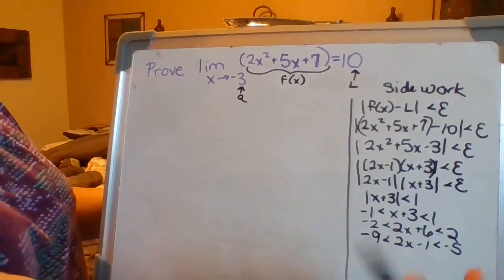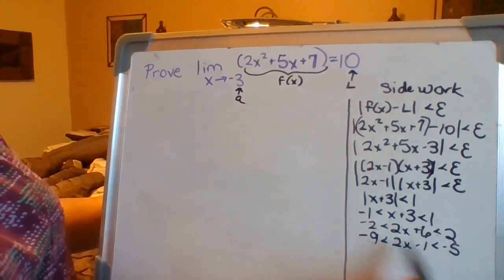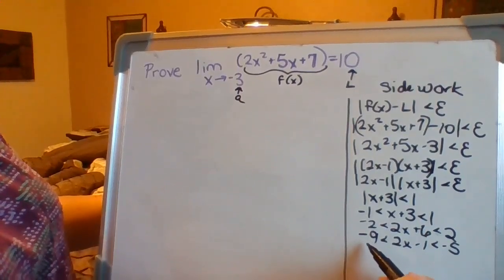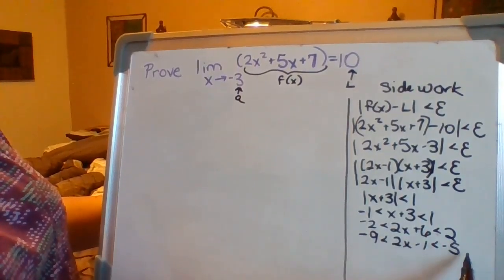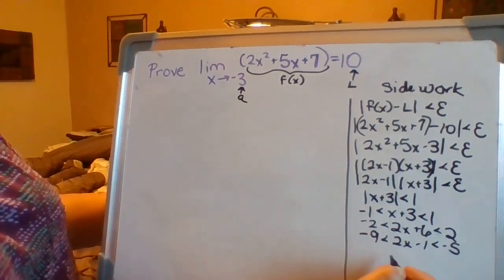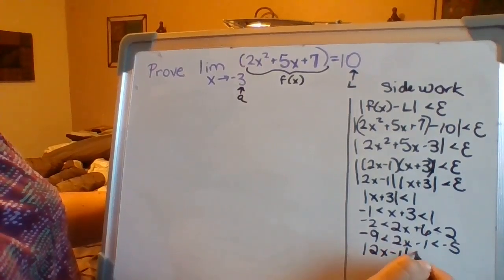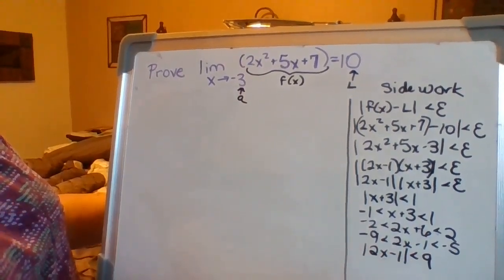Okay, the rule of our absolute value says the maximum absolute value from either side is what we're going to use. So is the maximum absolute value going to be -9 or -5? Nope, it's going to be the -9, whose absolute value is +9. So this ends up being less than 9.